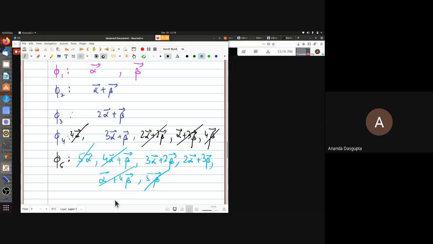Or you can shift by beta. Which one? 2 alpha plus 2 beta, which is also not a root. So this one is again out. Clear? Yes. So you were right. 2 alpha plus 3 beta is not possible. But why is it not possible? Because for it to be obtained by shifting from something by a simple root from a previous level, you would need to have those roots in the previous level, which you don't. Yes. 3 alpha plus 2 beta is still a possibility.